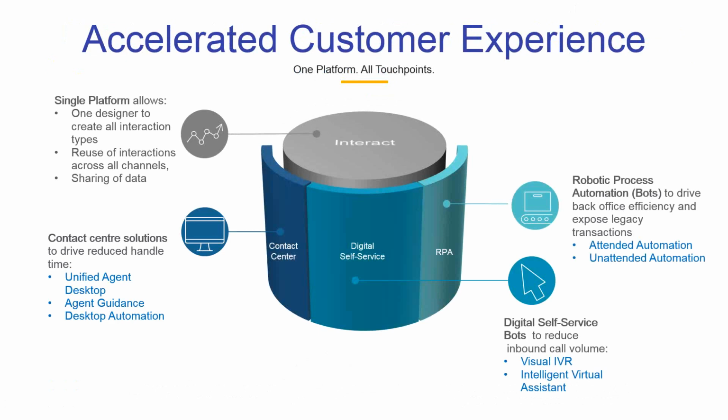How do we do this from a platform perspective? We have what we call the Jakarta Interact platform. And if I could step back in time a little bit, Jakarta was founded about 25 years ago, and we've spent most of that time developing an integration middleware layer that allows us to connect very easily and with a lightweight touch to any and all backend systems, including very old mainframe or green screen type terminals.